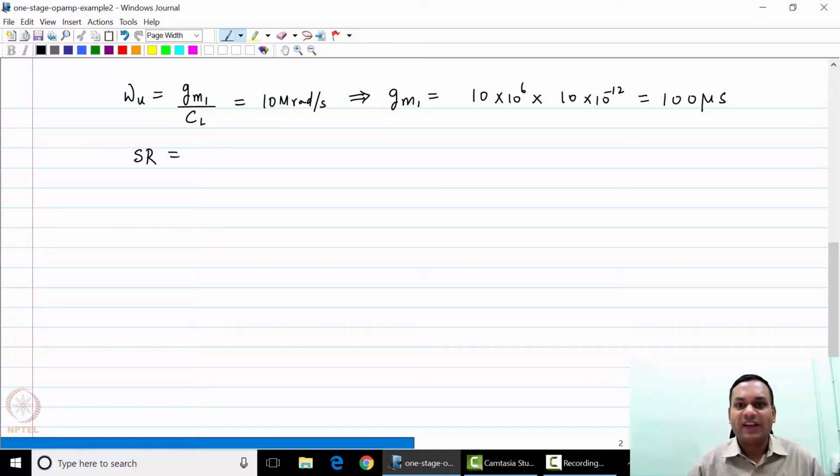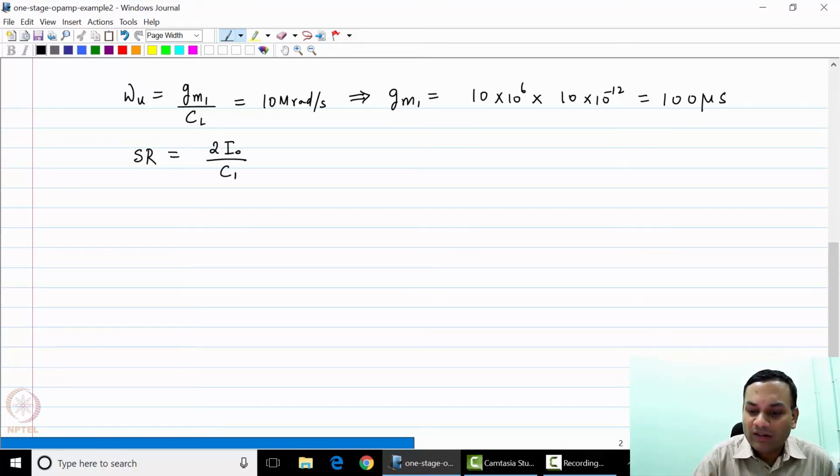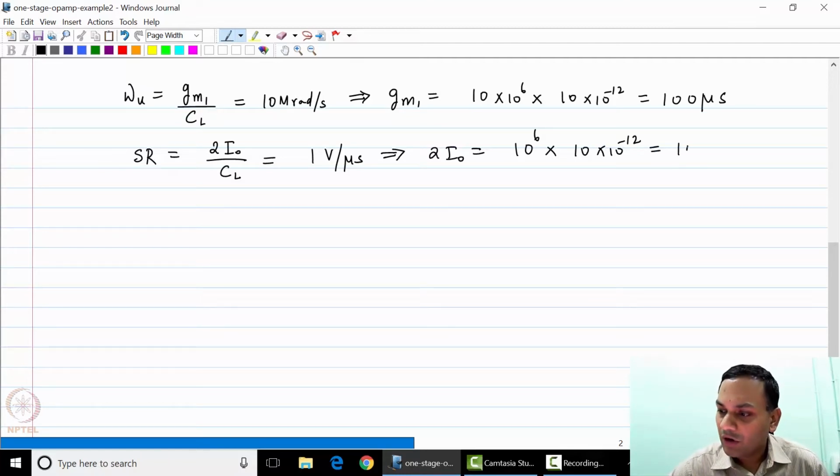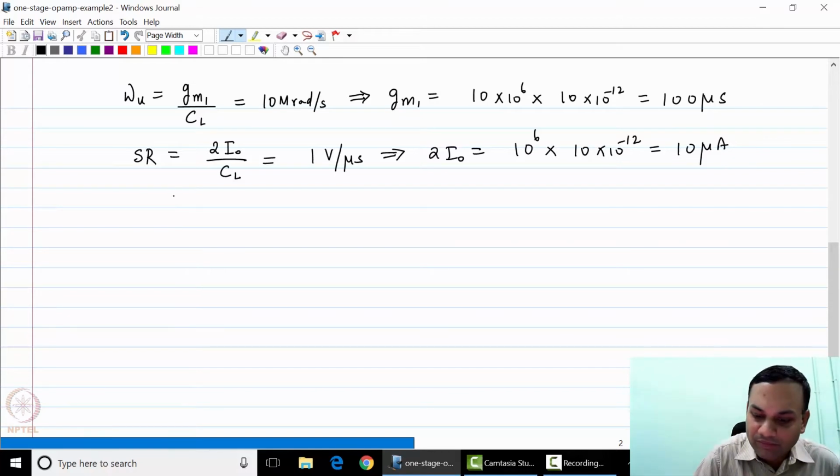The slew rate depends only on the total bias current, which I'll denote by 2I0 over CL, and this is supposed to be 1 volt per microsecond. Which means 2I0 is 10 power 6 times 10 into 10 power minus 12, or 10 microamperes. This means that each transistor of the input pair has a 5 microamp bias current.